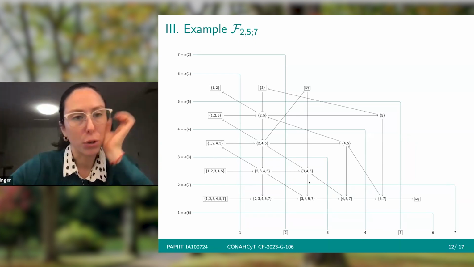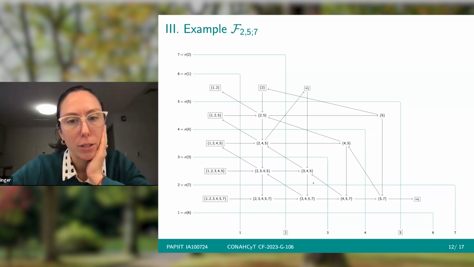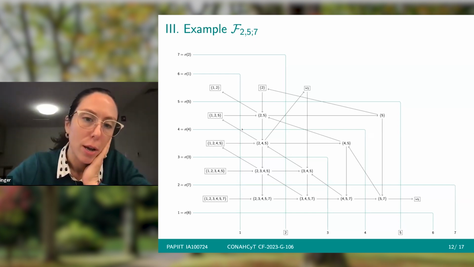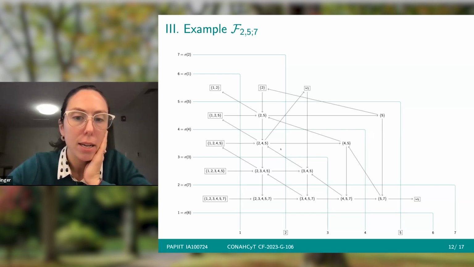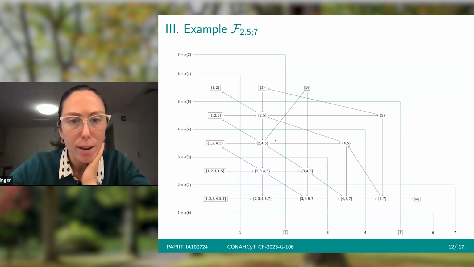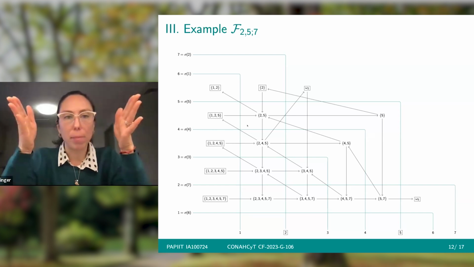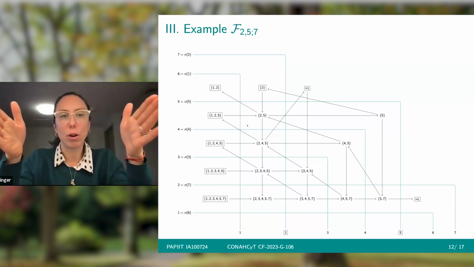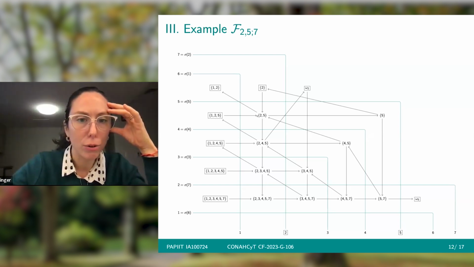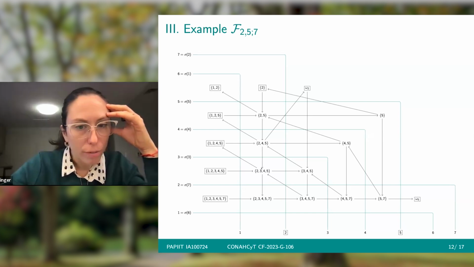And then the rule for the quiver is also quite combinatorial when you focus on just this bounded region here with index set 2, 4, 5. Then I have arrows coming into this vertex, or whenever I have a horizontal line segment, I have a vertical arrow going down. So this is this one from 2, 5 to 2, 4, 5, from 2, 4, 5 to 2, 3, 4, 5.